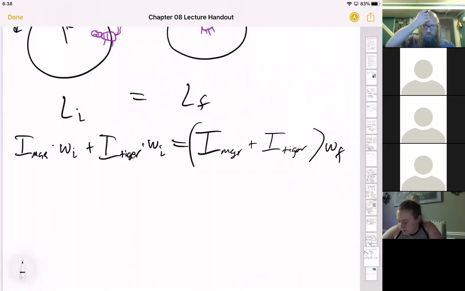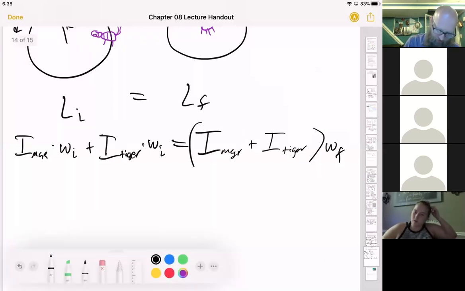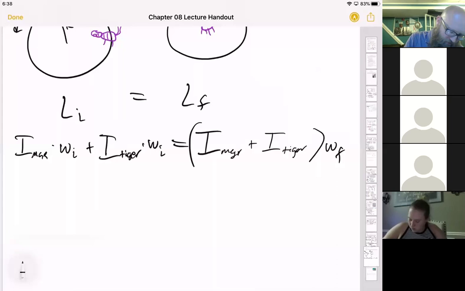Okay. So we're just plugging in. And in fact, I could add these together on both sides, right? So I factored out omega final on the right, but they're rotating together. So I could have factored out on the left as well. But it doesn't really matter. So the merry-go-round's not changing its moment of inertia, right? The merry-go-round is not redistributing, but the tiger is moving from the edge to the center. So when he's on the edge, he's a point mass. So let's do this. The merry-go-round is basically a disk, so I'm going to say half m r squared times omega initial.